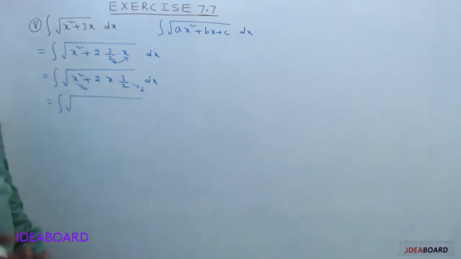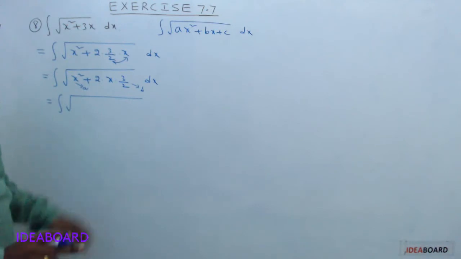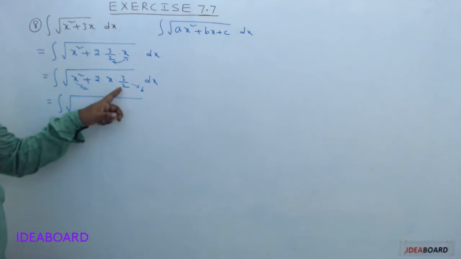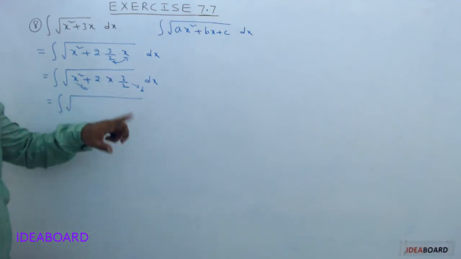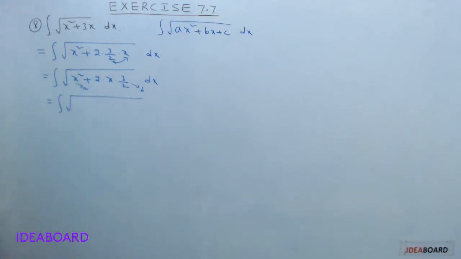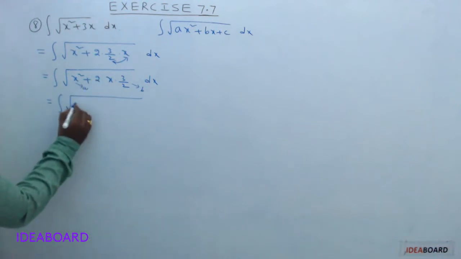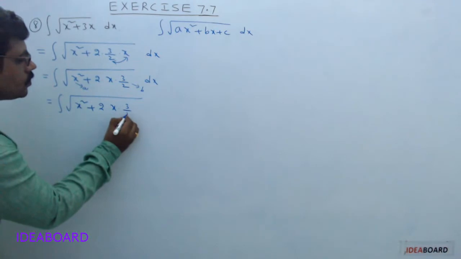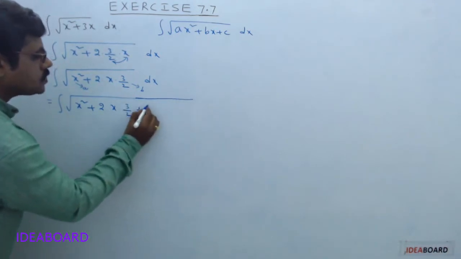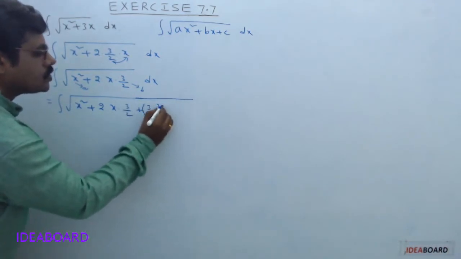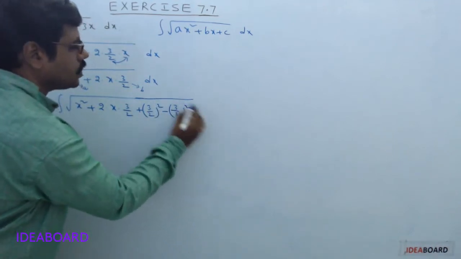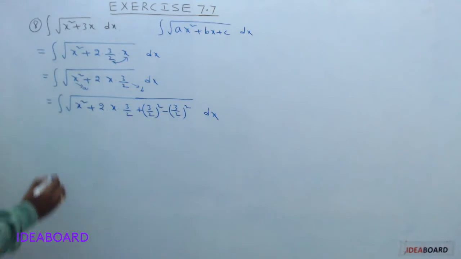To make this expression as a perfect square, we need 3 by 2 whole square. So, adding 3 by 2 whole square and subtracting the 3 by 2 whole square. So, it is x square plus 2 into x into 3 by 2 plus 3 by 2 whole square minus 3 by 2 whole square dx.